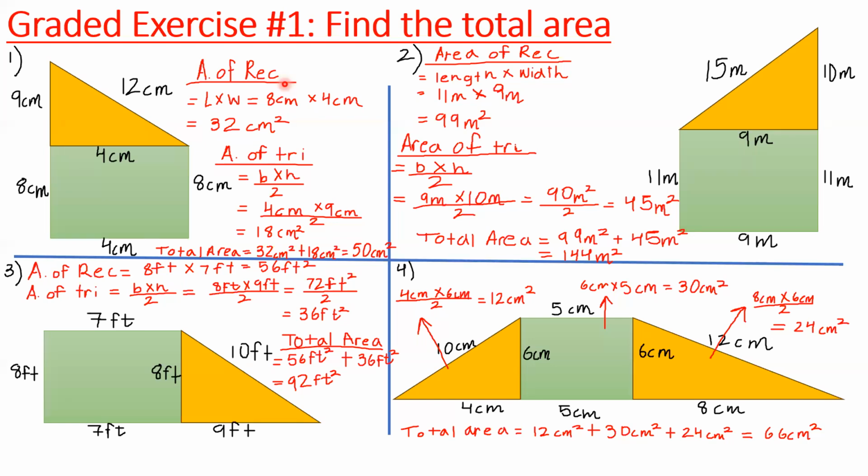I got one wrong. How many persons got 2 wrong? Anyone got 2 wrong? All right. How many persons got number 4 right? I did. Good. That's good.